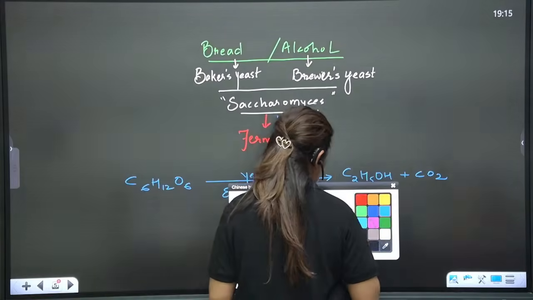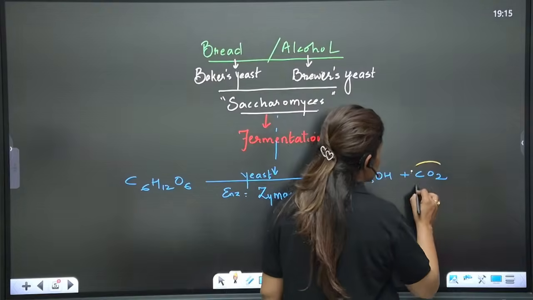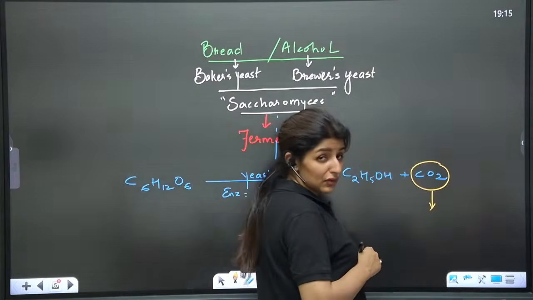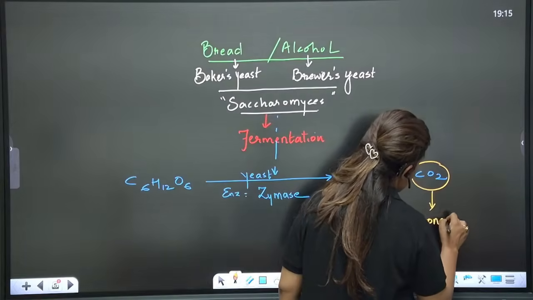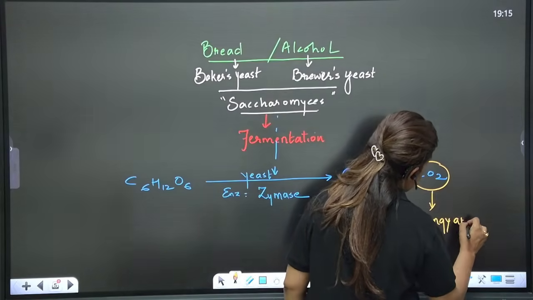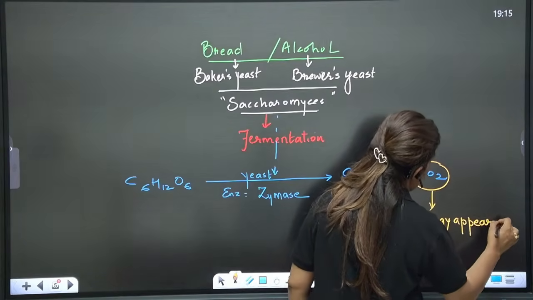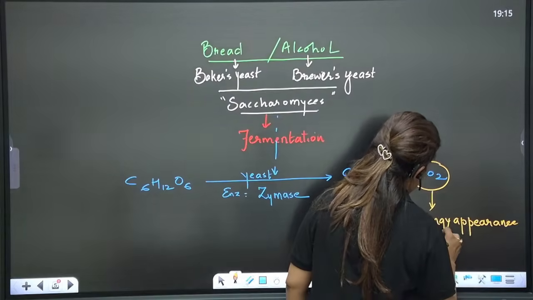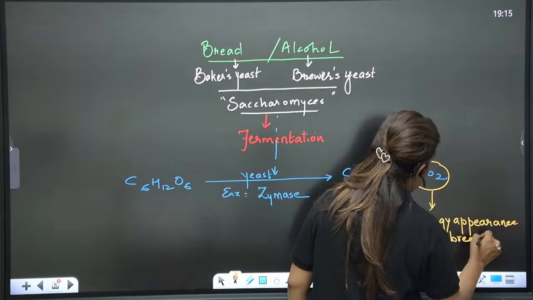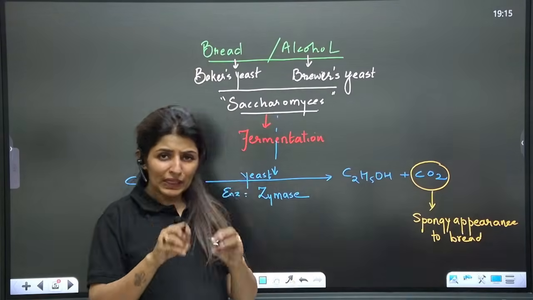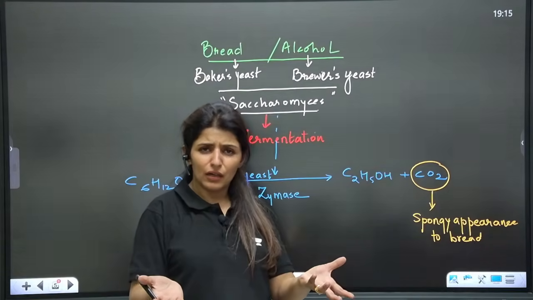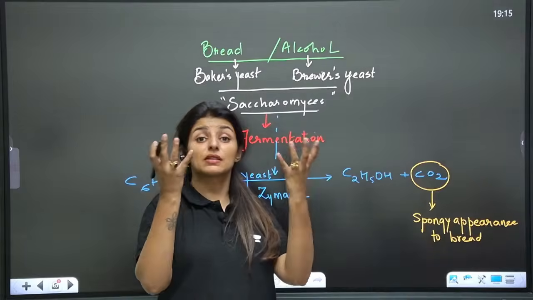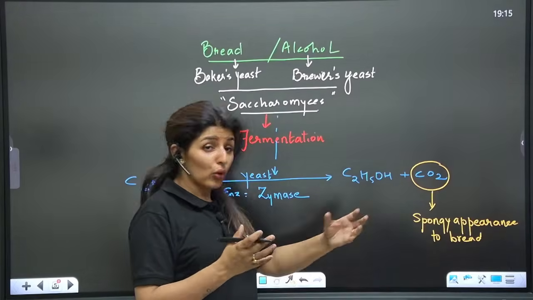Now, if we talk about bread formation, it is because of the CO2 that the spongy appearance occurs in bread. So this gives a spongy appearance to bread. We all know the basic process: we knead the dough with yeast added to it, and we leave it undisturbed for a while, and then we see the dough swells up.